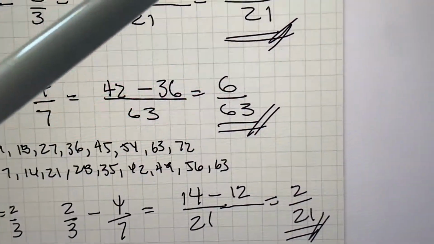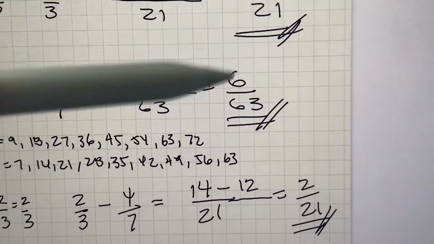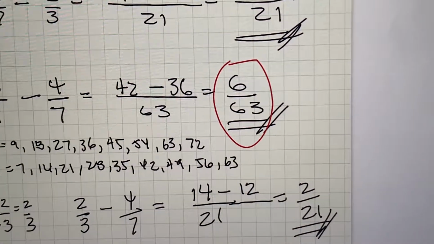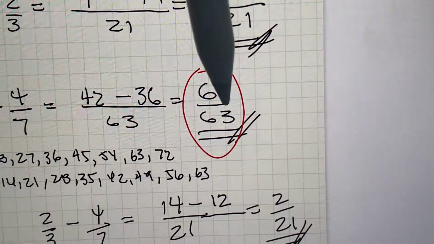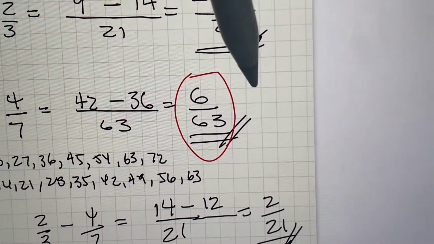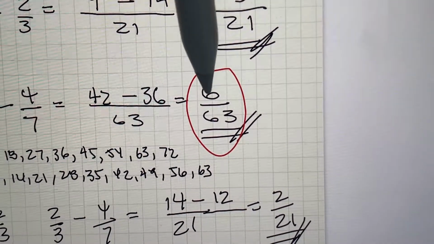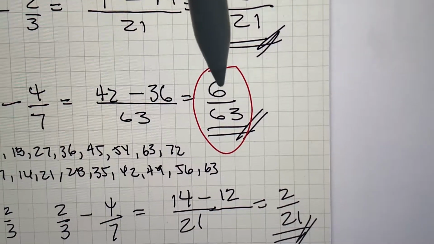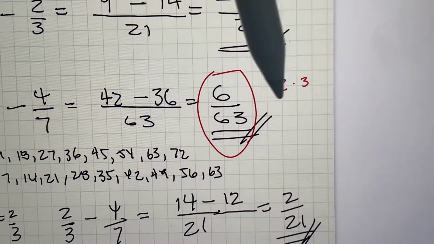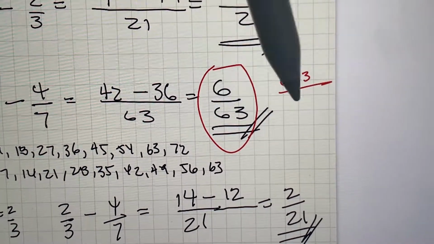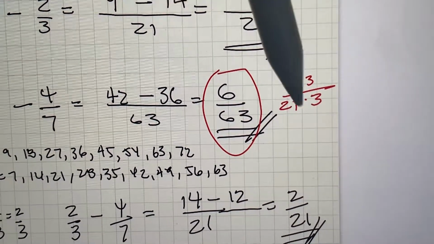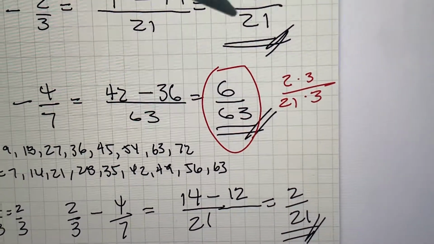And the reason is simple. Although my final answer is correct, I needed to do something more. I needed to see if there were any more factors for these numbers. And of course there are. The factors for 6 would be 2 times 3, and the factors for 63 would be 3 times 21, right?